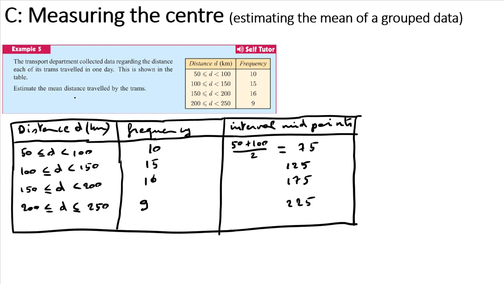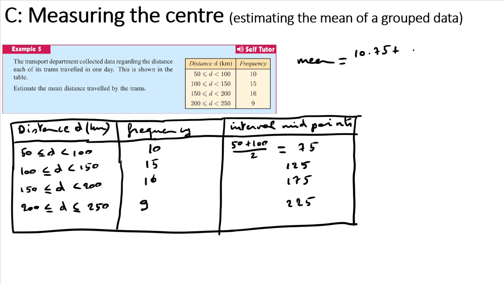To find the mean distance traveled by the trams, we have to add the data values. So 10 trams traveled a distance between 50 and 100. Instead of taking 50 or 100 or any other number, we take the middle, which is 75. So we do 10 times 75.